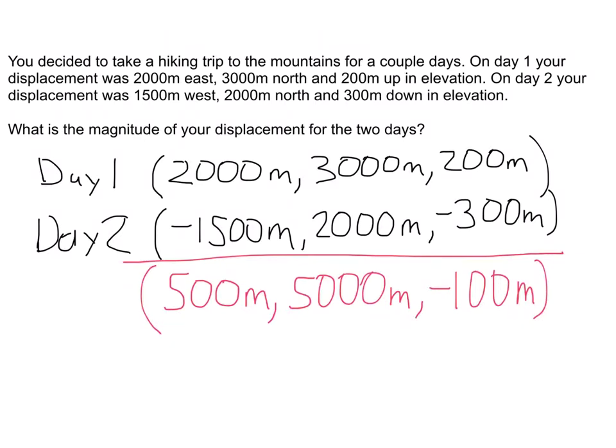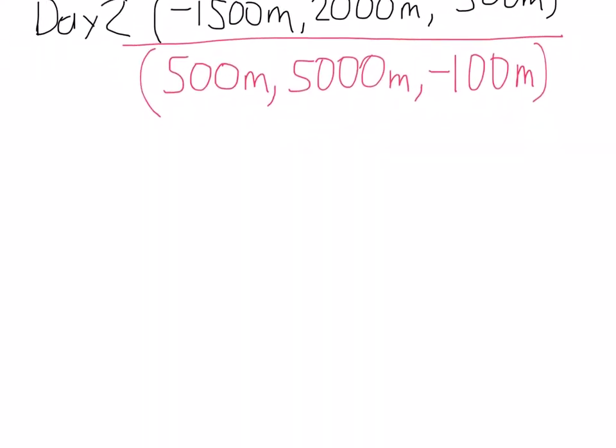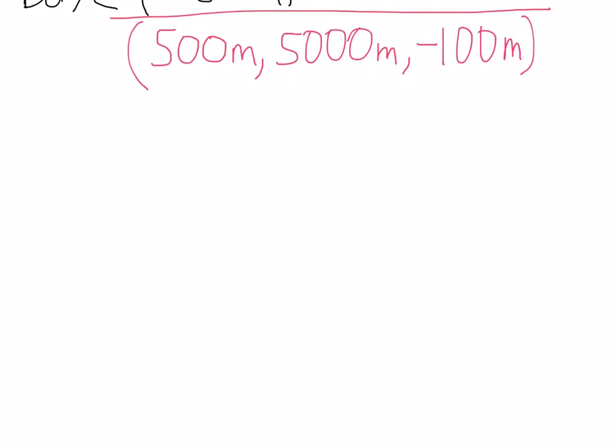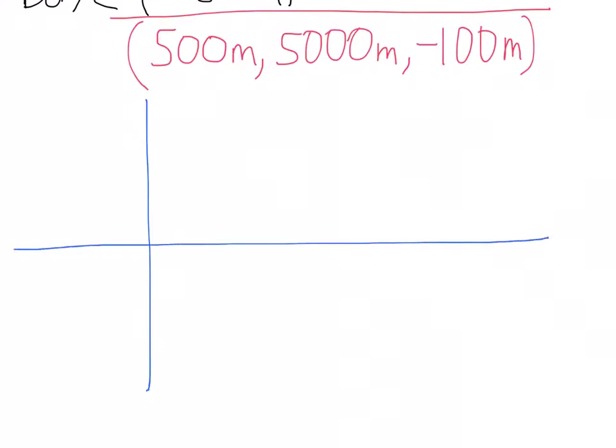Now the best way to view this is to try to get a good 3-dimensional picture here. So here's my y-axis, my x-axis, and then of course you need that great z-axis. And so if we plot this point, say here's about 500, and here's about 5,000.